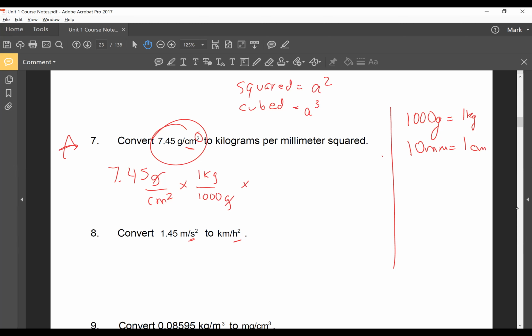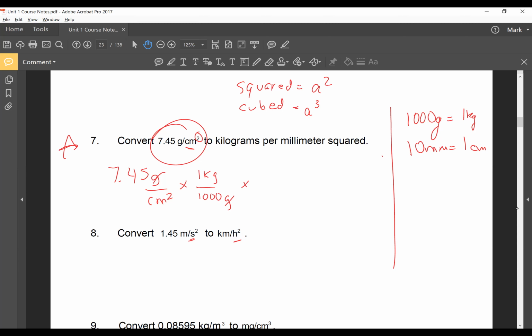You can think of a square having 2 sides, a cube having 3, I don't want to say sides, but a square has 2 sides, length times width, and a cube has 3 sides, length times width times height. Or I guess sides isn't the right word. I should say dimensions.